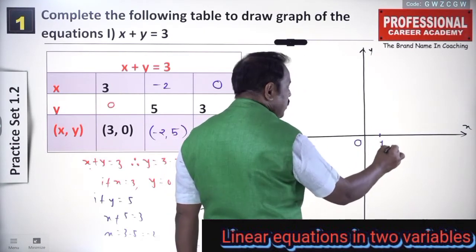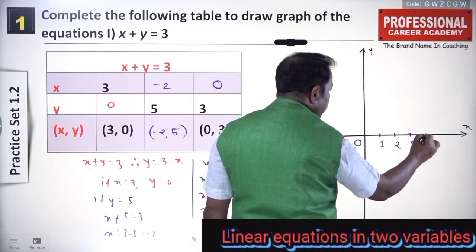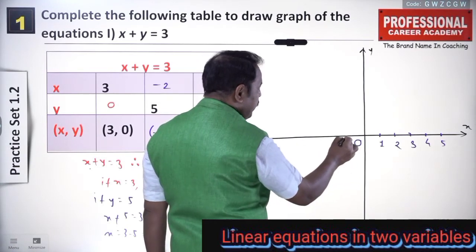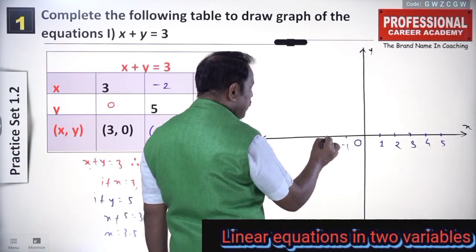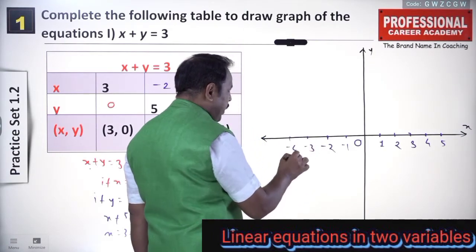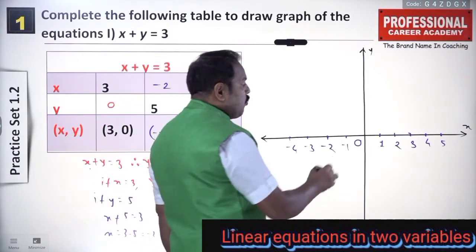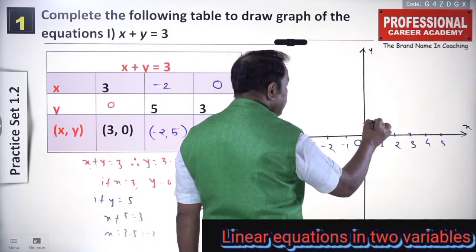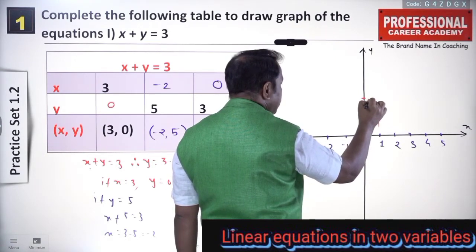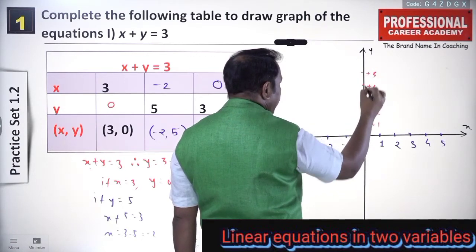So it is 1, 2, 3, 4, 5, etc. Then it is minus 1, minus 2, minus 3, minus 4, etc. On the y-axis, suppose this is plus 1, plus 2, plus 3, plus 4, plus 5, like that.